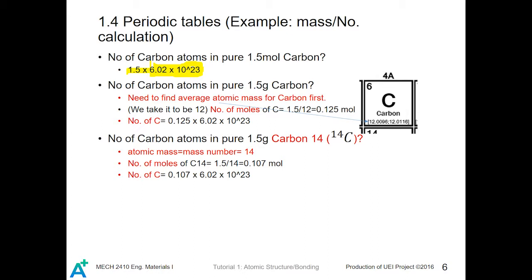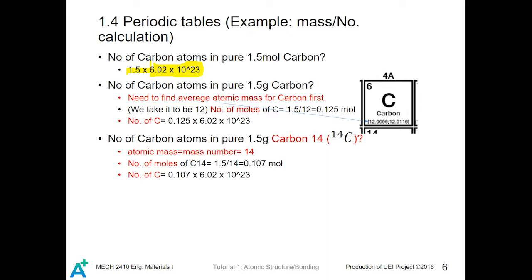How about the number of carbon atoms in pure 1.5 gram carbon? First, we need to find the average atomic mass for carbon. Because the difference is very, very small, we just take it to be 12. And the number of moles of C, be careful, is equal to 1.5 over 12. 1.5 is the gram, and 12 is in AMU units.